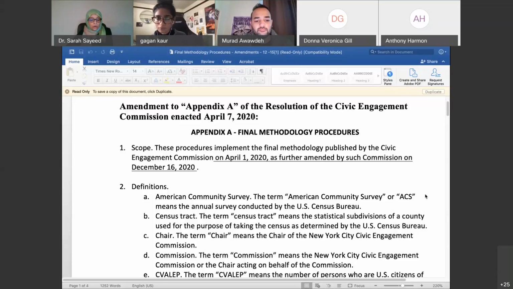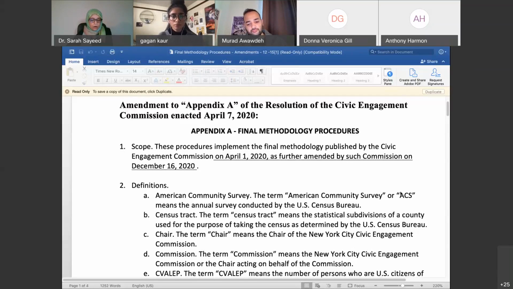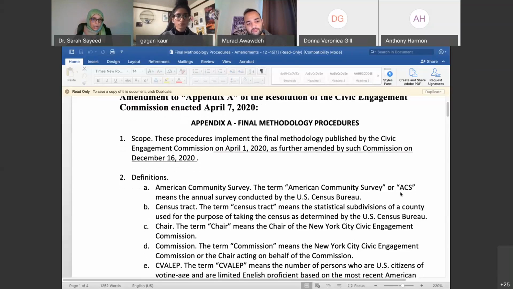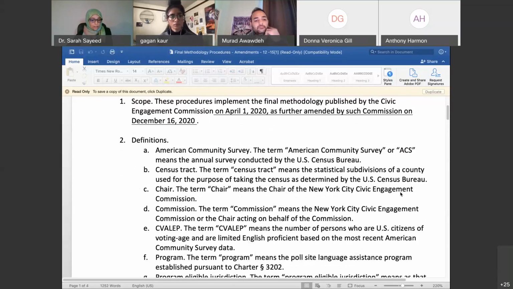Our methodology also relies on citywide data estimates for language communities. The special elections that we are currently talking about are for council districts, and those require estimates at the council district level.